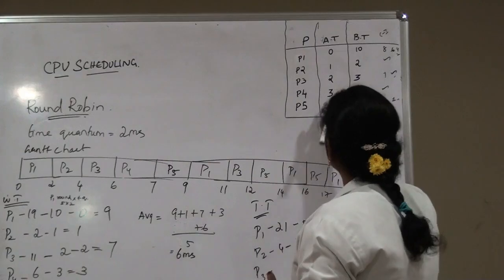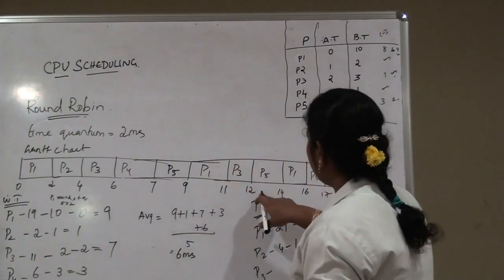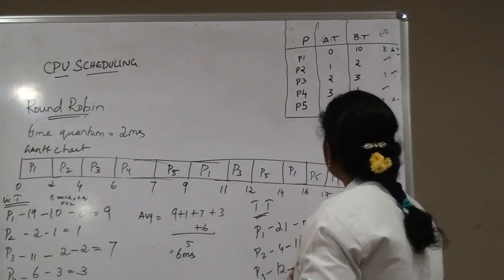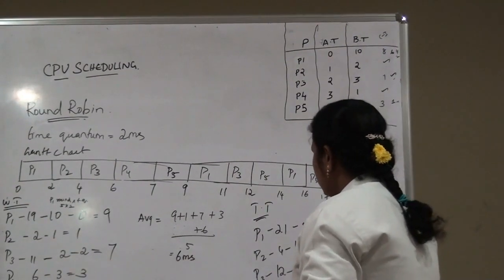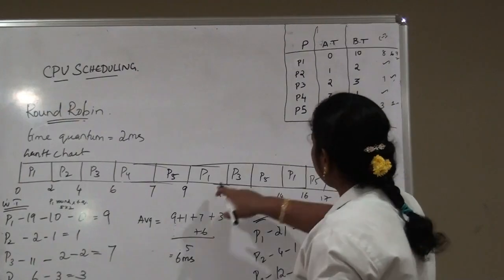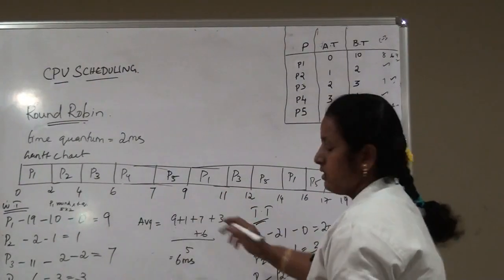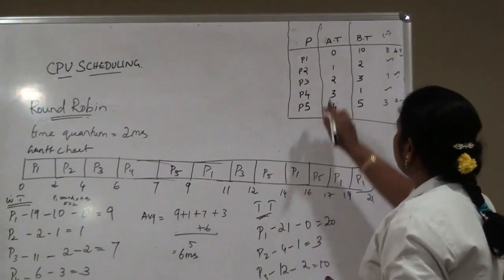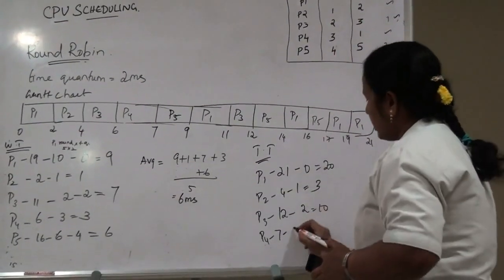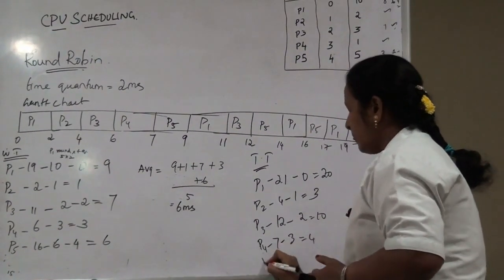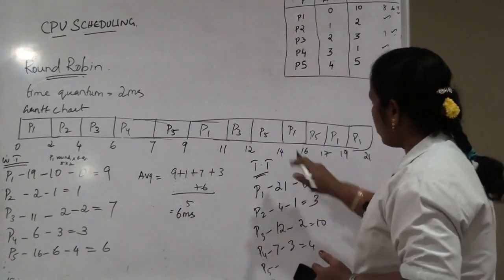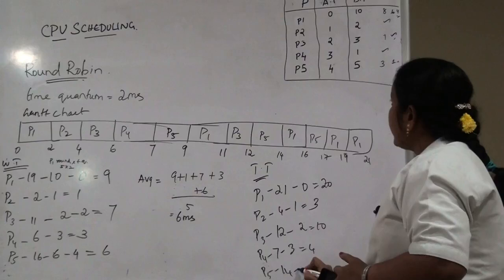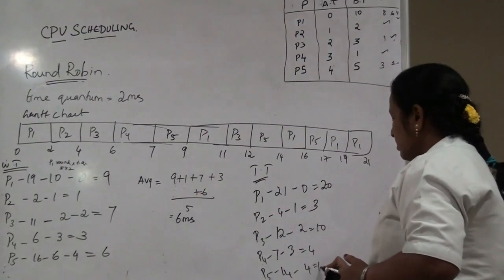P3: its completion is 12. 12 minus arrival time 2 is 10. Next is P4: it completes at 7. 7 minus arrival time 3 is equal to 4. Next is P5: completion is 14. 14 minus 4 is 10.